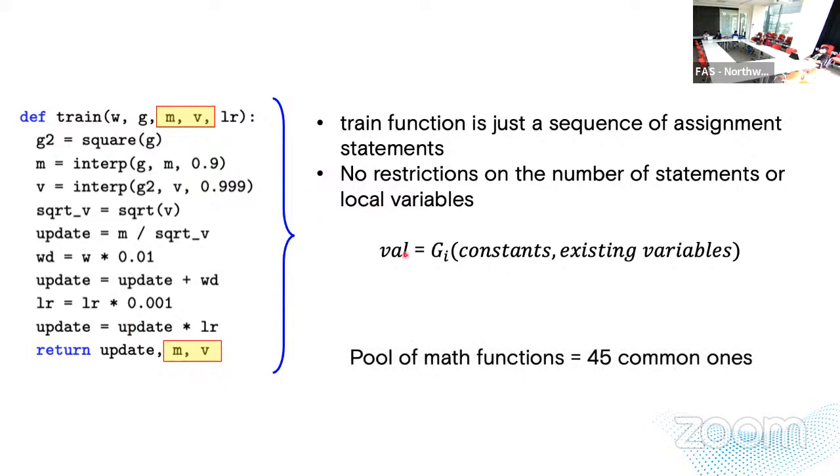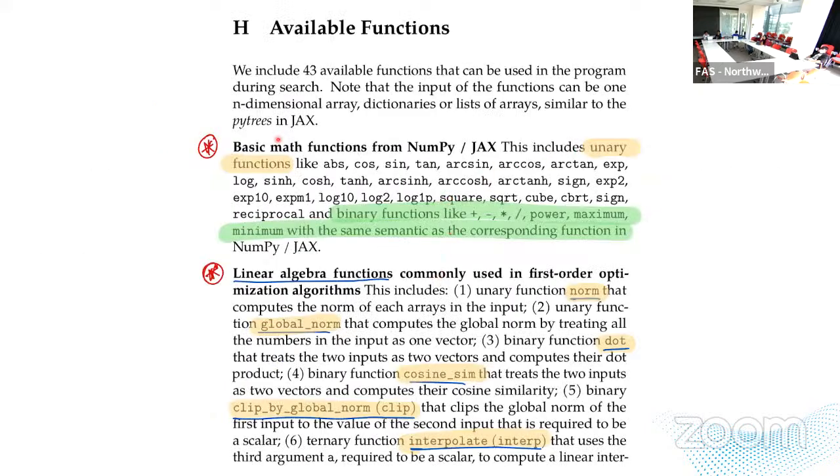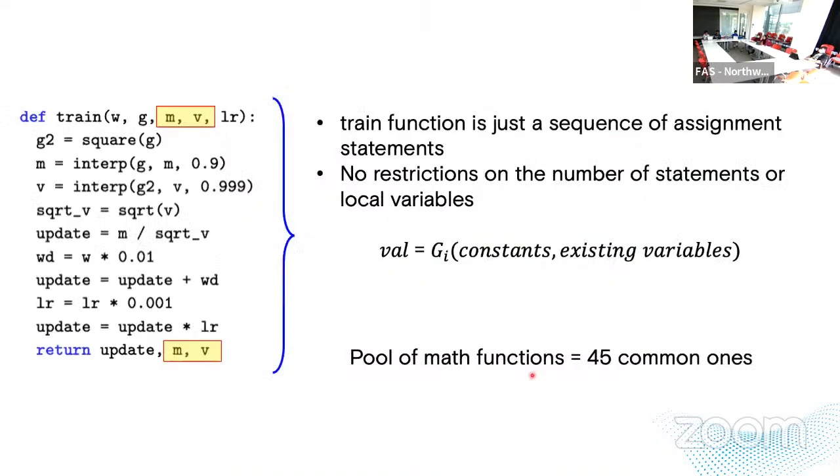And in terms of these functions, they have 45 commonly used functions in NumPy or JAX or linear algebra. Those functions are listed here, like binary functions and the linear algebraic things that we need, such as dot product, etc. Those are the available functions through which we can formulate this train function.